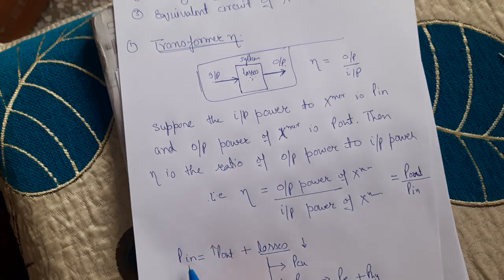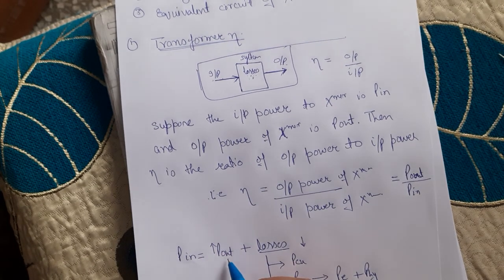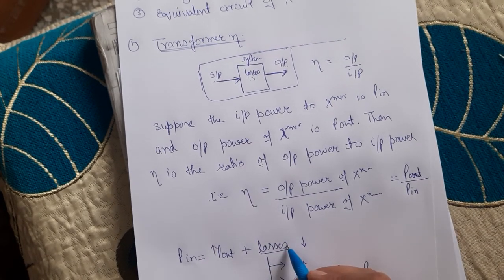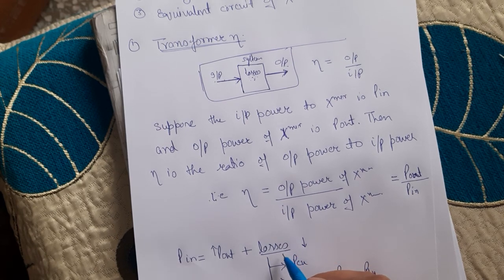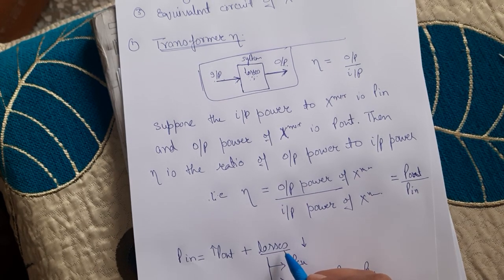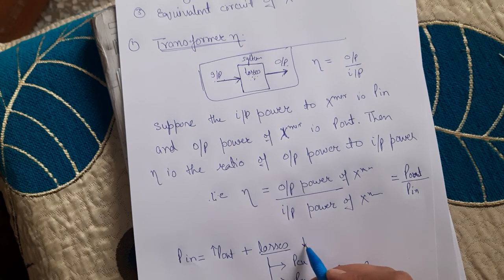Suppose input is 100, output is 80, and losses are 20. Now I am reducing the losses, so instead of 20, we get losses of 10.